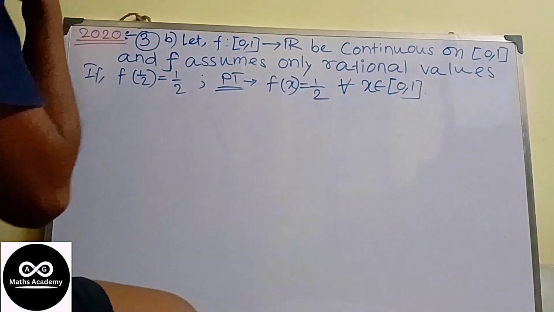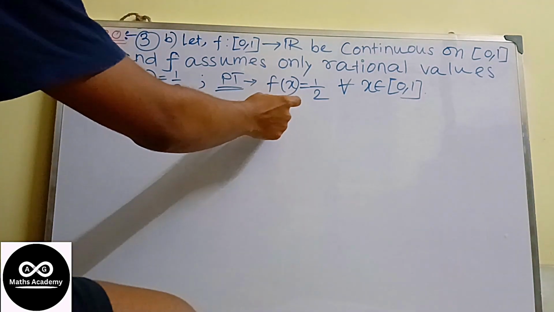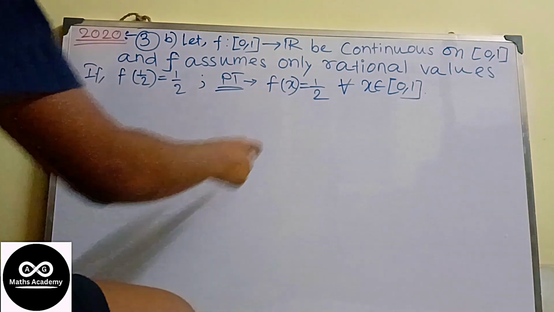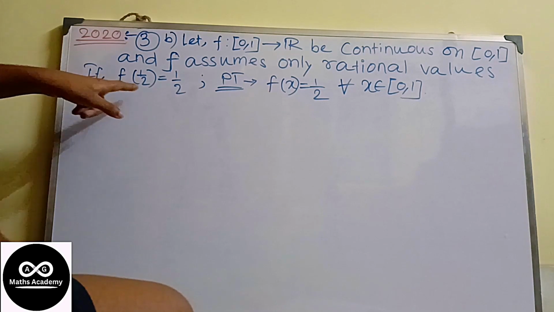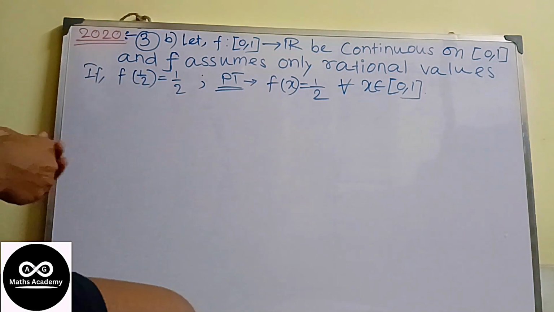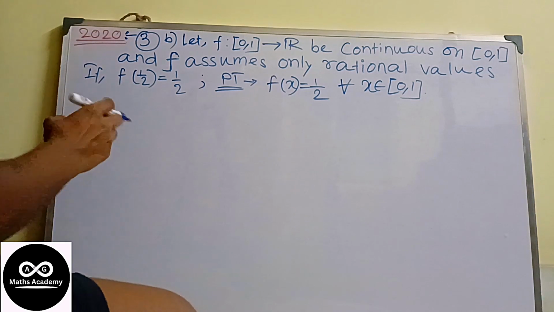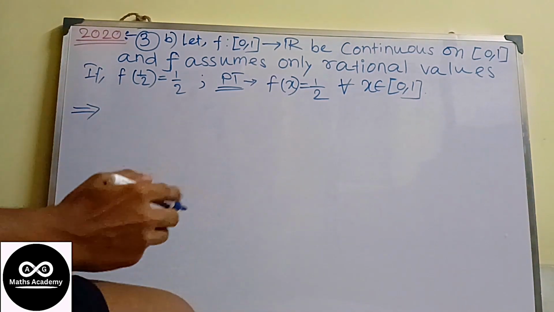Actually, we need to show that f(x) is a constant function which is half, and the given is f of half is half. So now let's talk about the approach. So how are we going to approach this?